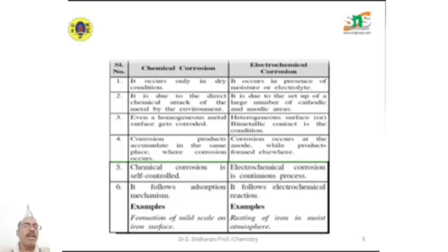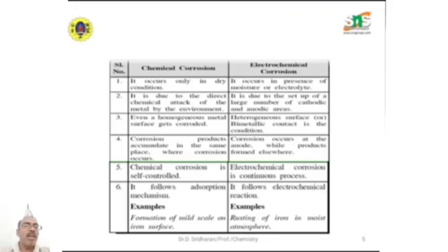Even a homogeneous metal surface gets corroded in chemical corrosion. Here, a heterogeneous surface or bimetallic contact is a condition like galvanic corrosion. Corrosion products accumulate in the same place where corrosion occurs.